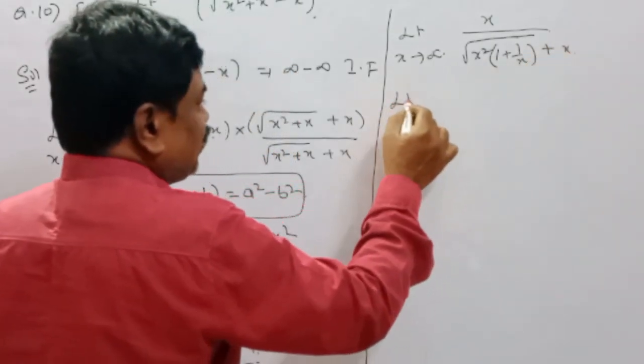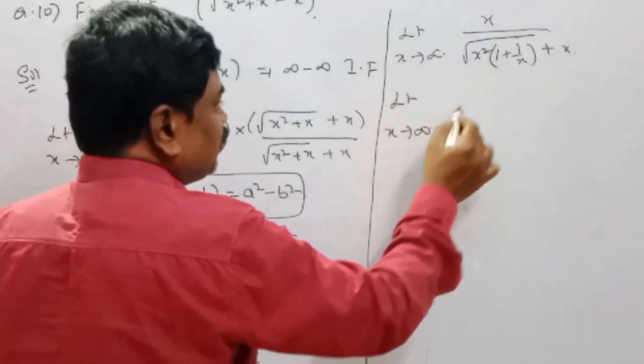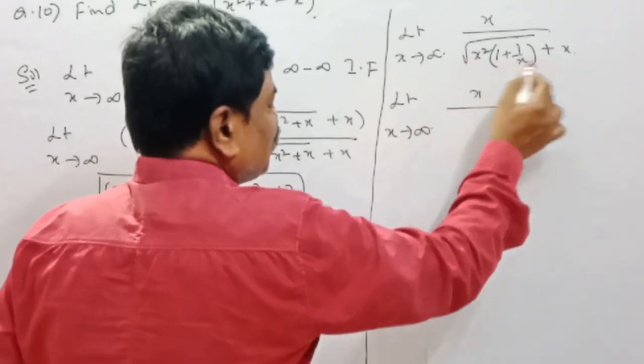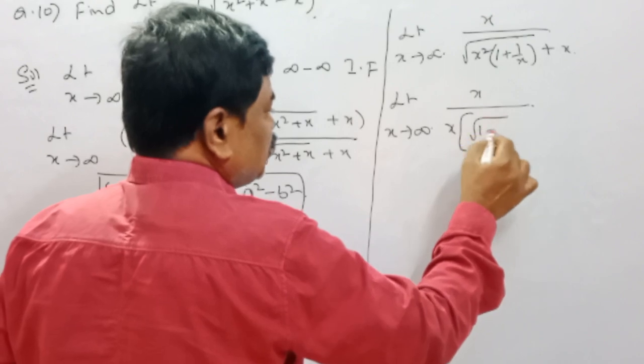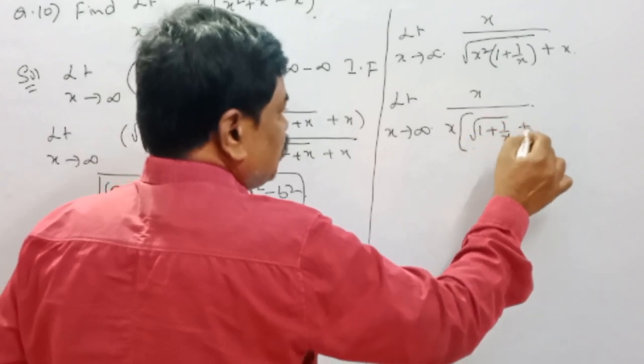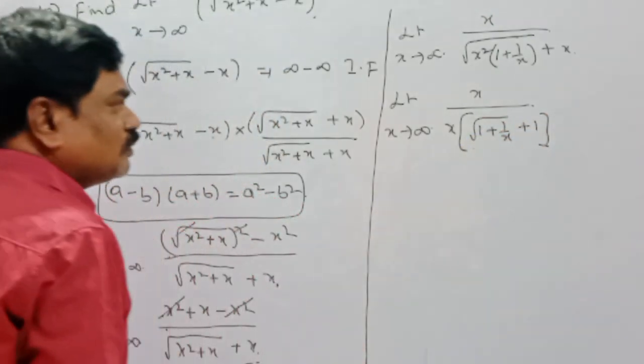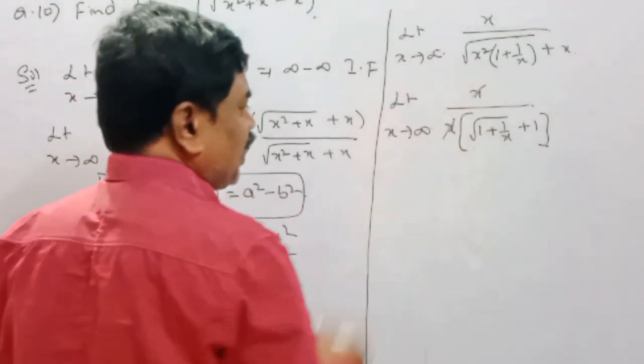So from the denominator x is common, and it is root over 1 plus 1 by x plus 1. Here x cancels.